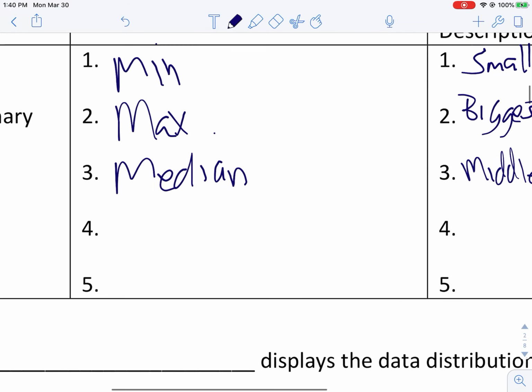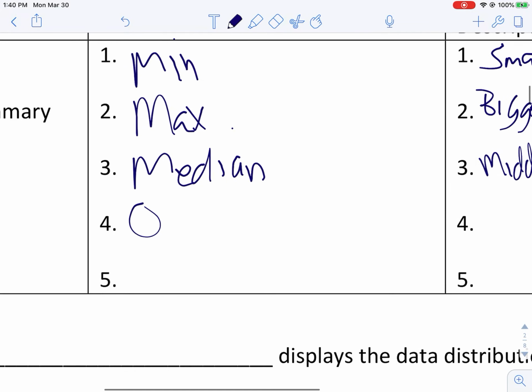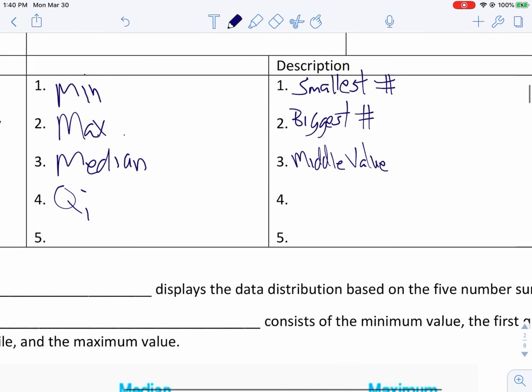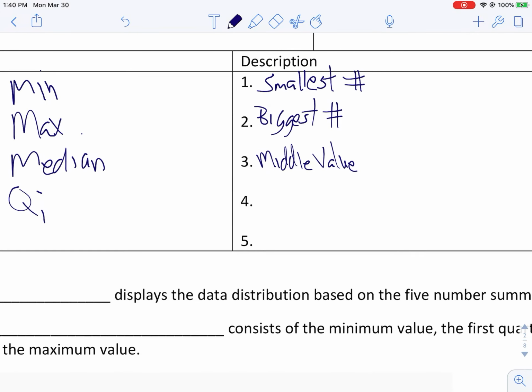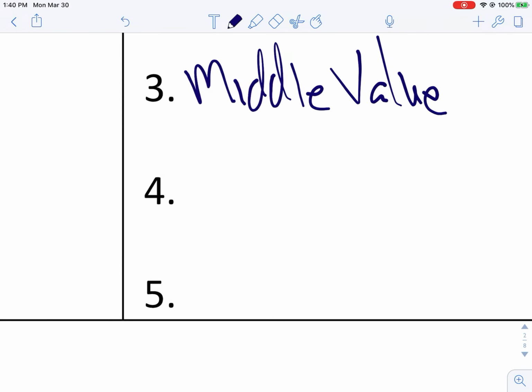I've got my Q1. You know what that is, that is a median. I think I defined this for you guys before. This is the median to your lower data set.